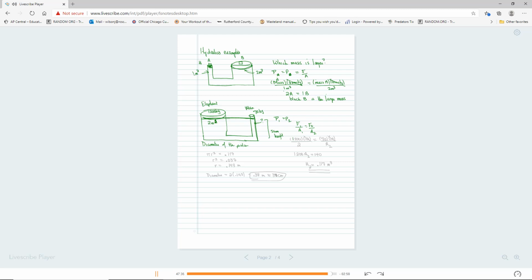So force 1 is 1,200 times gravity, and the area is 2. Force 2 is 70 times gravity, and the area is I don't know. So, cancel gravity. 1,200 A2 equals 140. And no, I can't do that in my head.